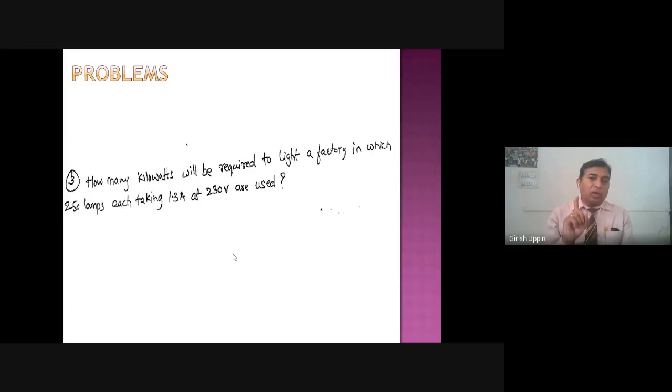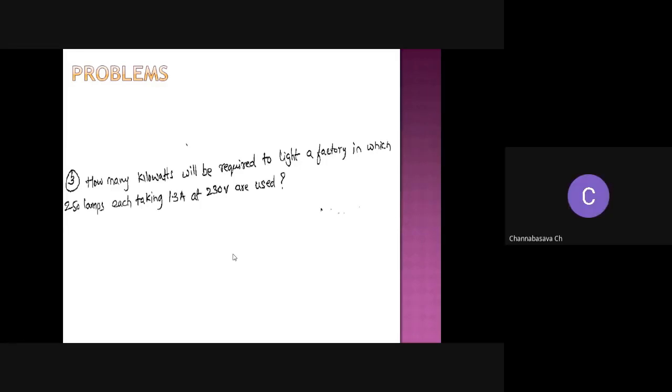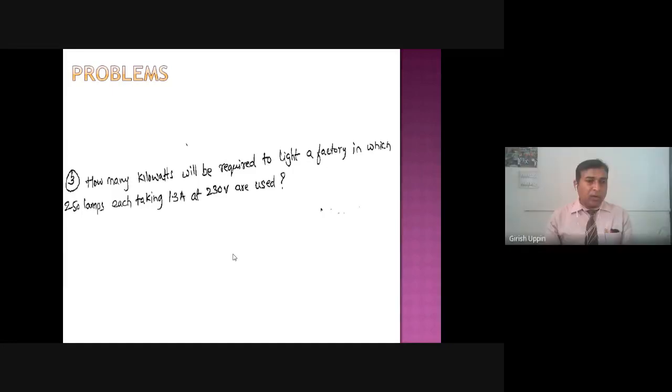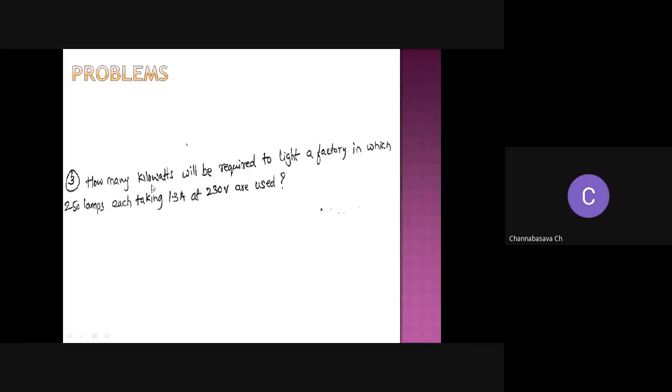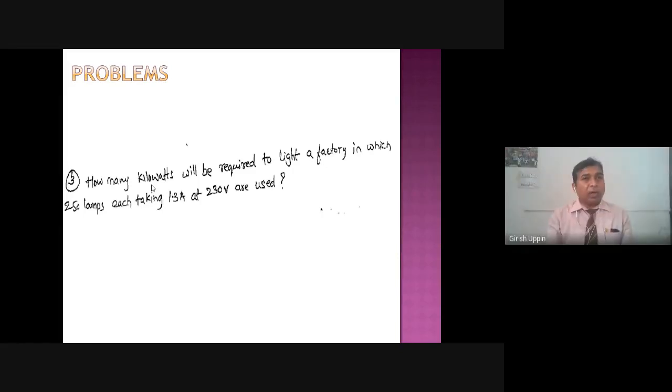If you know the power consumed by one lamp, then we can calculate power consumed by 250 lamps. 74,750. Is it in kilowatt? See, the question is specifically kilo. 74,750 watt. Okay, that is 74 point something kilowatt. Let us see the answer.